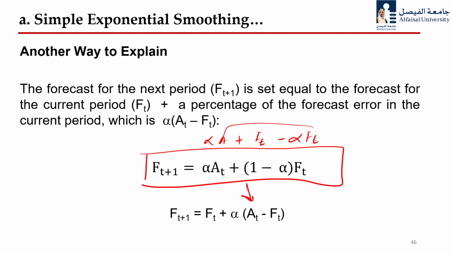That means the future forecast according to the simple exponential smoothing method is going to be the current period forecast plus the weightage, or you can say the percentage, of the forecast error of the current period. So this is another way to explain it. I hope you got the idea of how we can use this simple exponential smoothing method to forecast the future value.